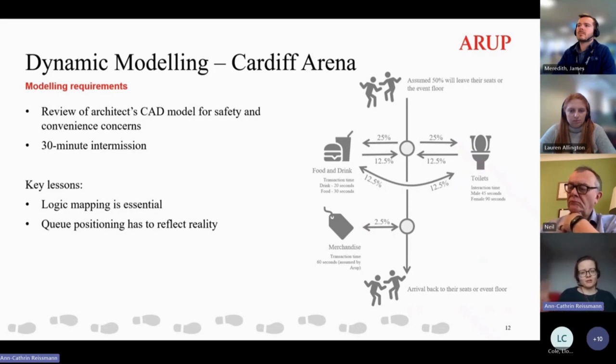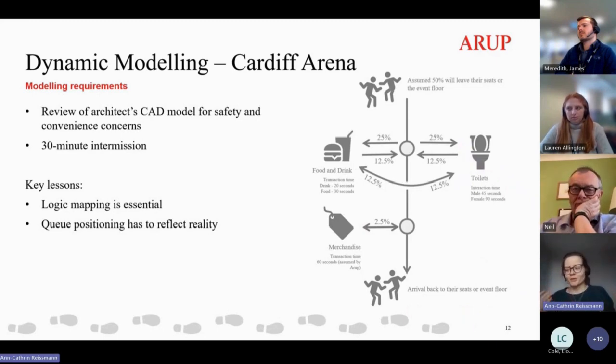And whilst that tree looks relatively simple, actually coding that into the software is a bit of a different situation, and that's why logic mapping is essential, kind of validating that what you've done in a simplified manner here actually translates to what you're modeling, and that the assumptions you've made are accurately represented in the model. And then the next thing is queue positioning has to reflect reality.